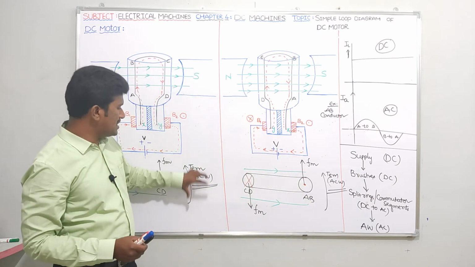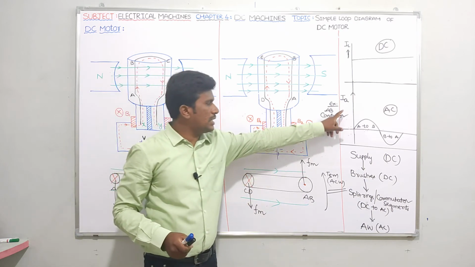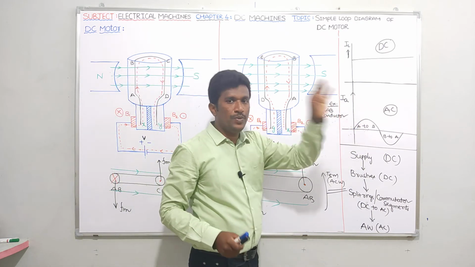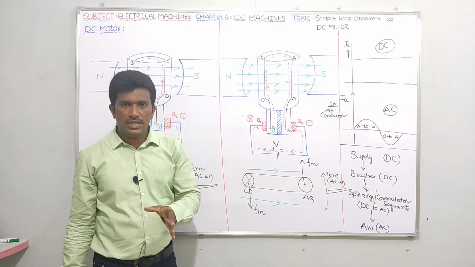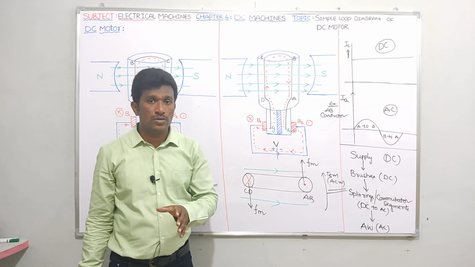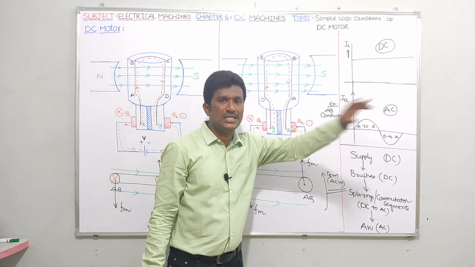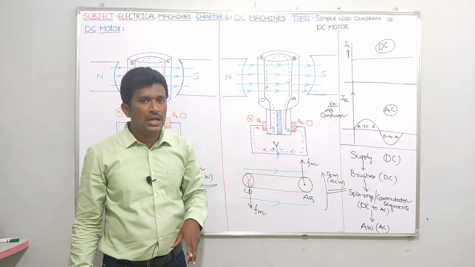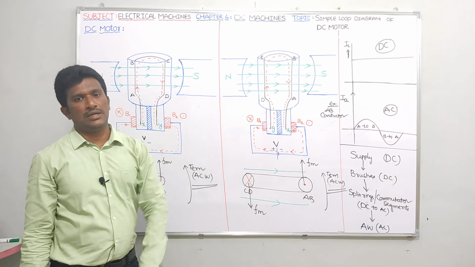See, if you want unidirectional torque like this, what's the condition? The current entering the armature winding should be AC. Whenever the current entering the armature winding is AC, unidirectional torque will be produced. If the current entering the armature winding is not AC but DC, then instead of unidirectional torque, we will get bidirectional torque.